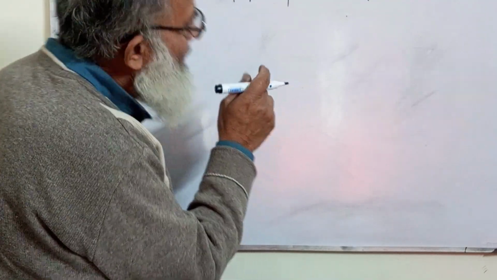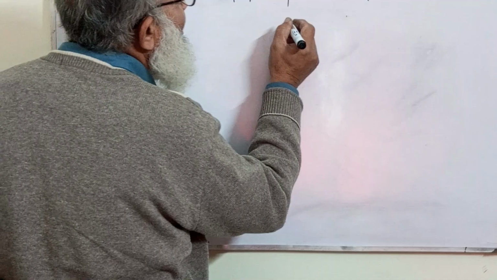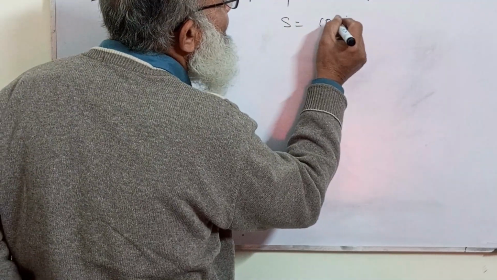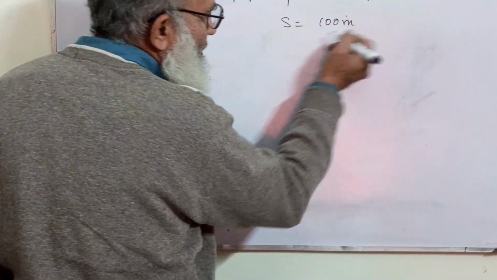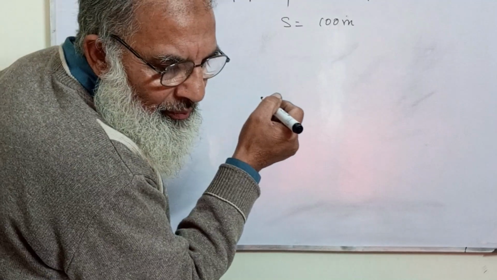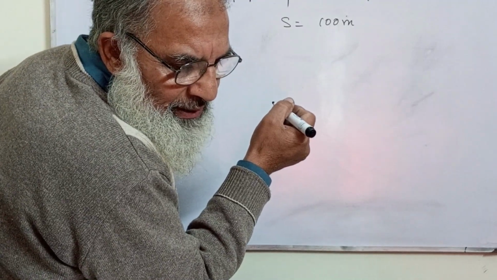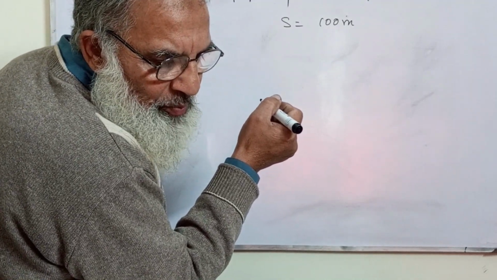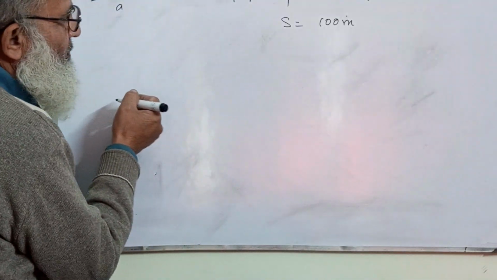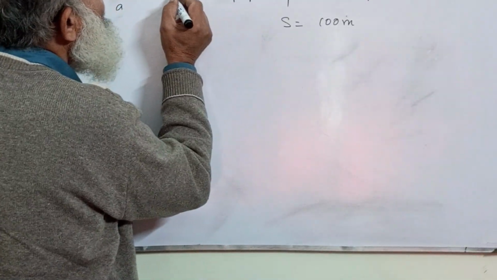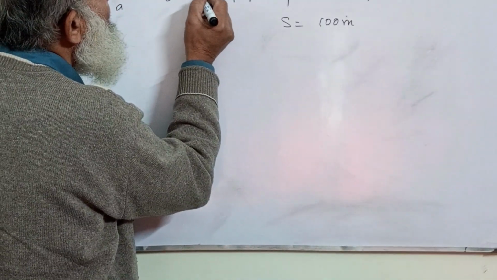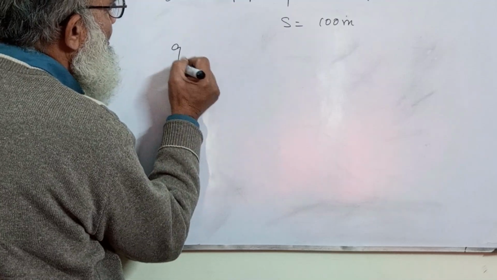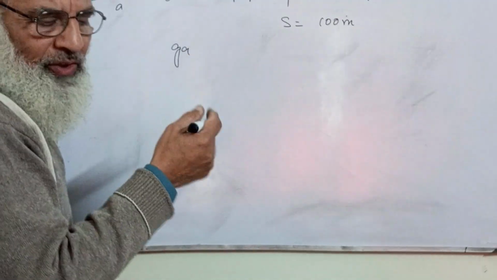Over a distance of 100 meters. Now, what is the distance? S is the distance, that is 100 meters. Okay? While some breeds of gazelles, such as Thompson gazelle, have a top speed of 25 meters per second. Now, this was the speed of the cheetah, and the gazelle, a sort of deer, you can say.